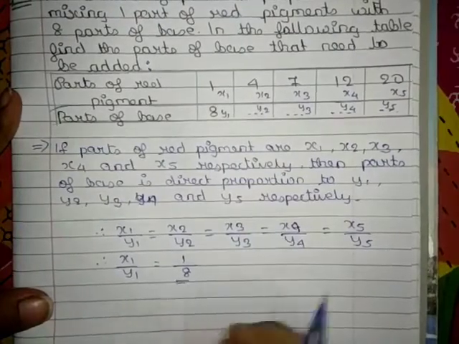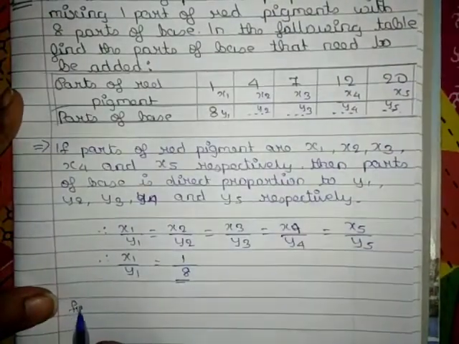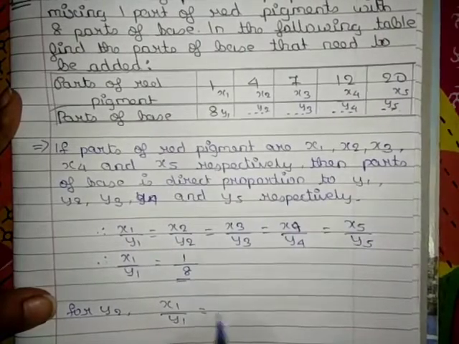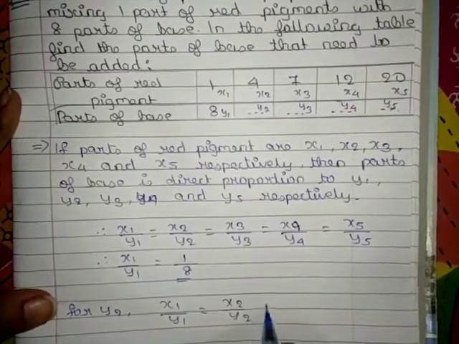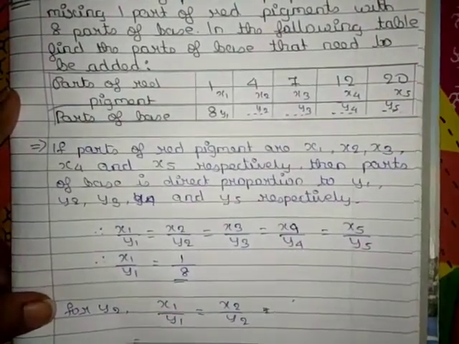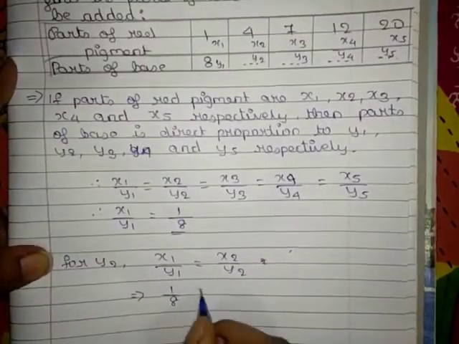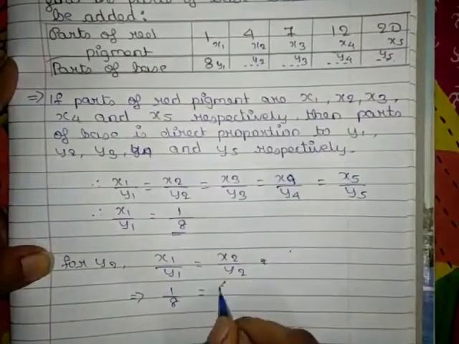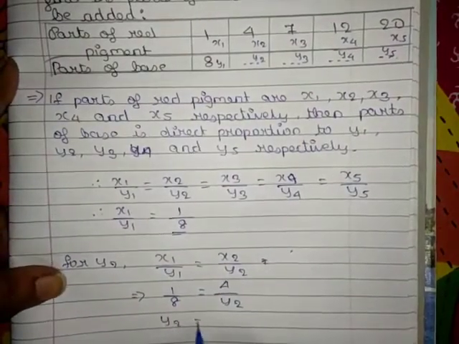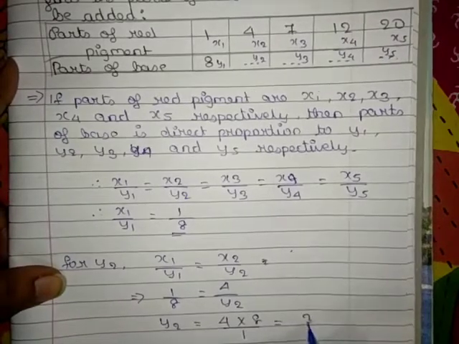This ratio we have to use, and first we will find the value of y2. For y2, what is the formula? x1 by y1 is equal to x2 by y2. Here x1 by y1 is 1 by 8, x2 is 4, and y2 we have to find. Now we can easily find y2 is equal to 4 multiplied by 8 divided by 1, that is 32.